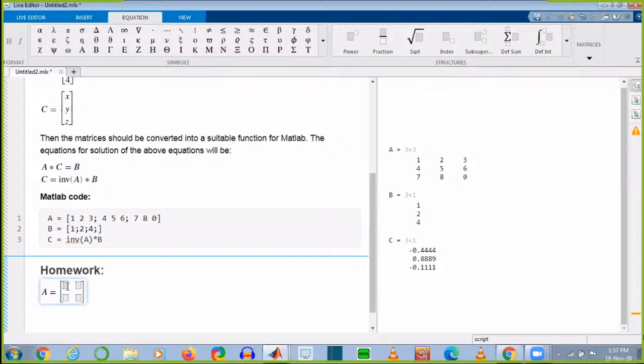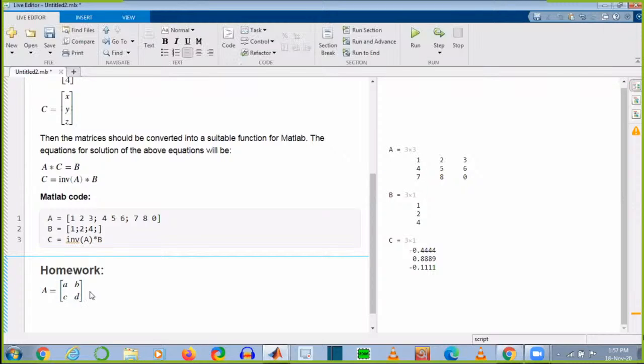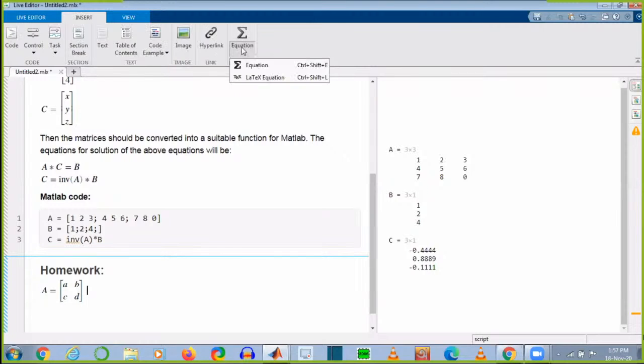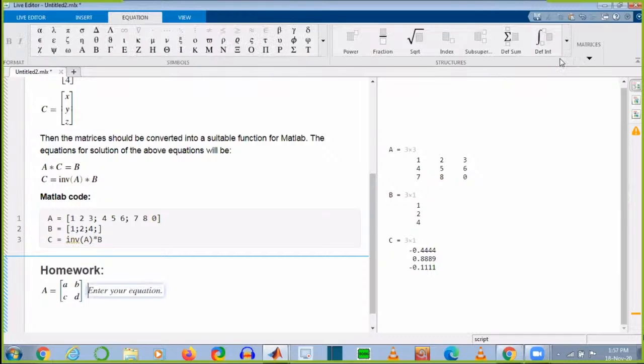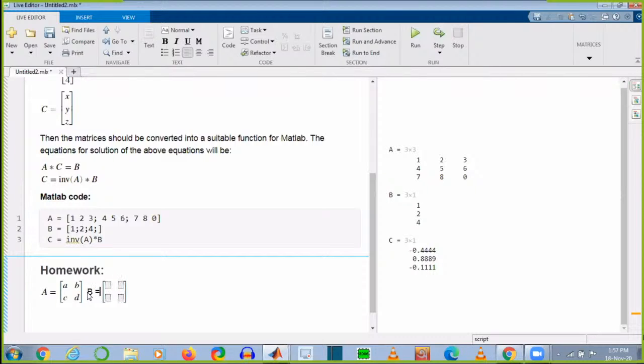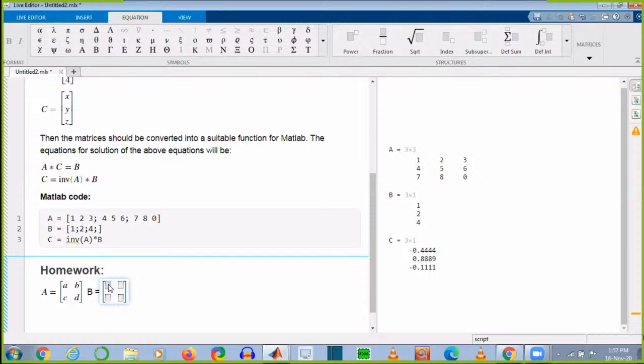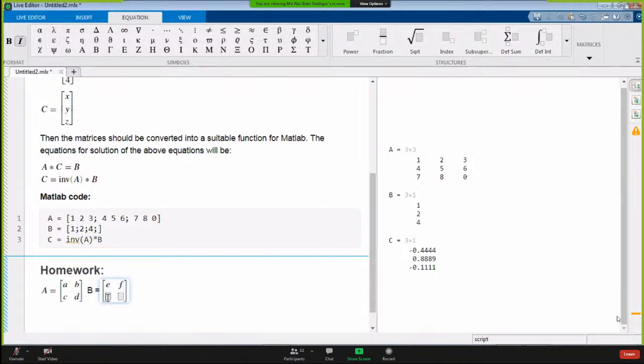A equal A, B, C, D. Another matrix B equal F, G.